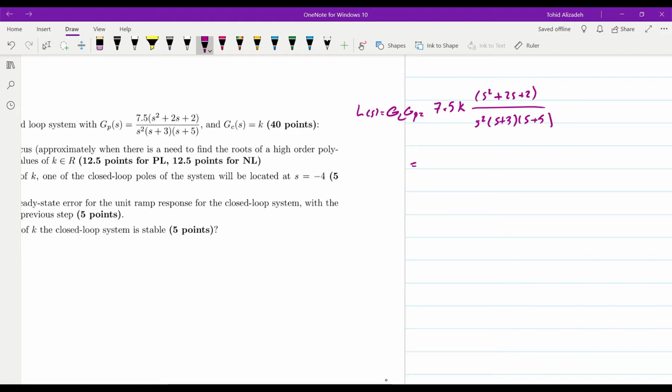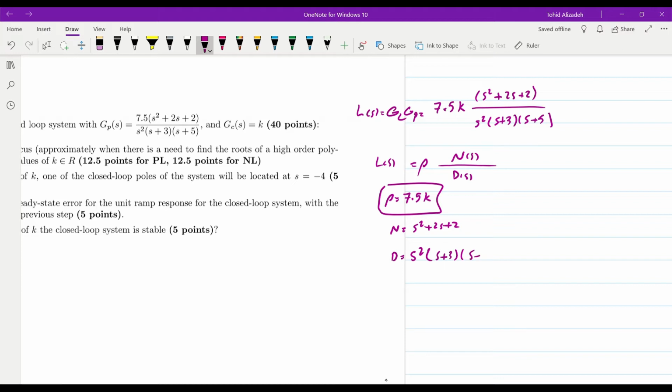And we can write L now as rho times N over D, where rho is equal to 7.5 times K, N is equal to s squared plus 2s plus 2, and D is equal to s squared times s plus 3 times s plus 5.